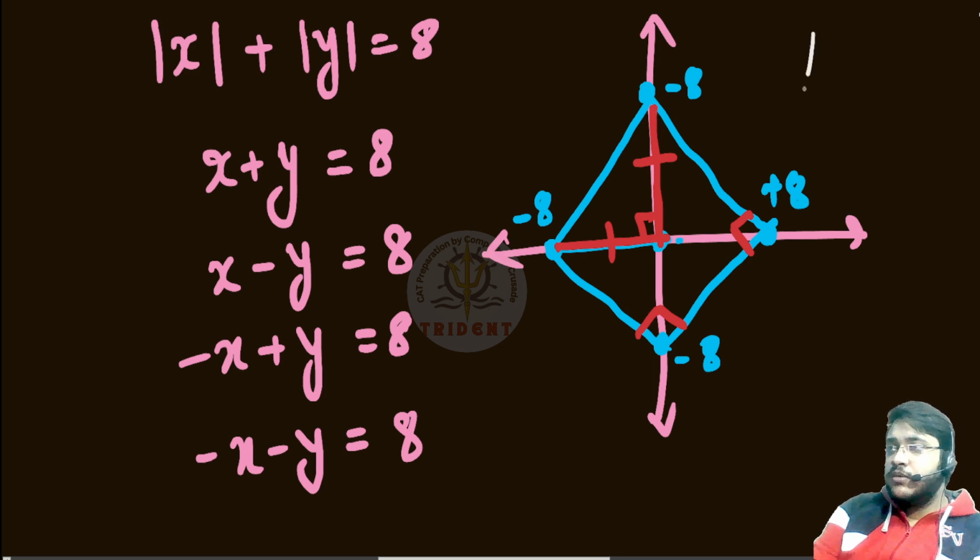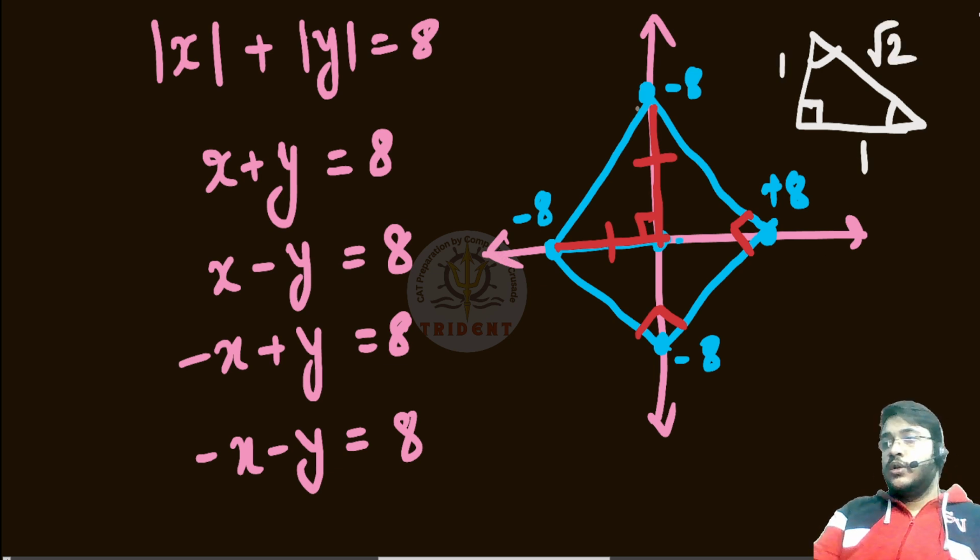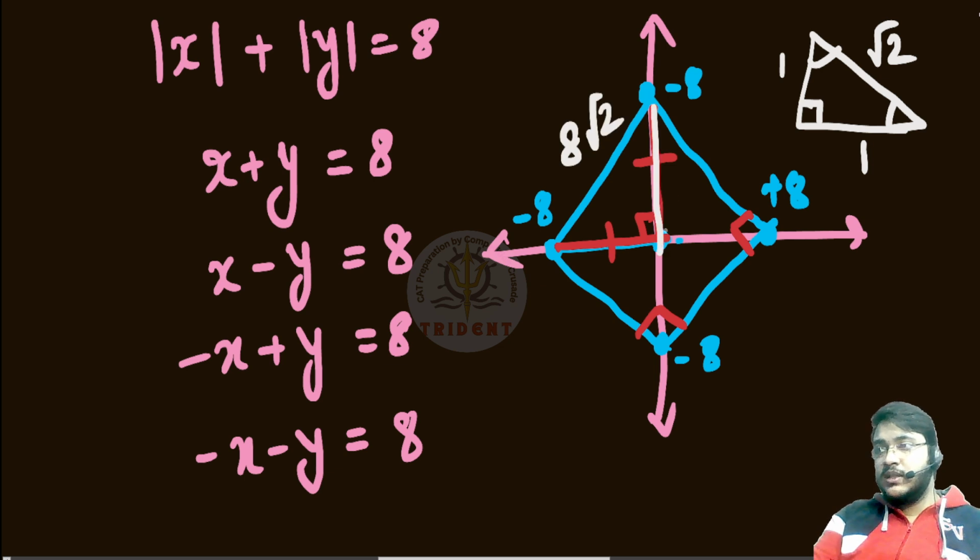If you pay attention to this 90-45-45 triangle, and you remember that the sides are in the ratio 1, 1, and root 2, you can very well predict that this is going to be 8 root 2, because this length is 8 and this length is also 8. Make sense?